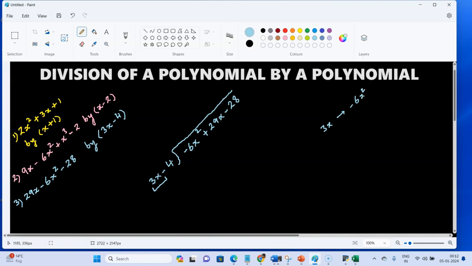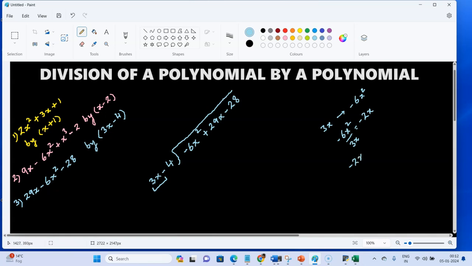We need minus 2x. How do we know that? You can simply divide minus 6x square by 3x, right? You will get minus 2x. That means minus 2x, if multiplied by 3x, you will get minus 6x square, right?